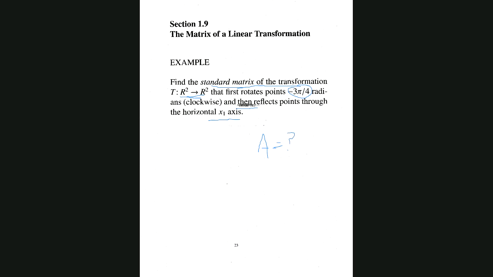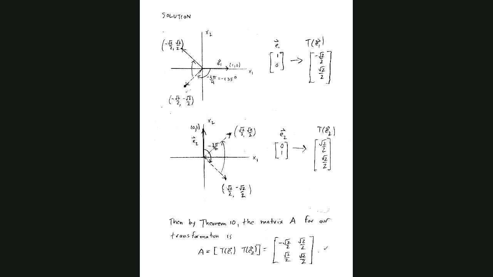Okay. So, all right. Let's first of all take a look at the E1 vector. The E1 vector is located at 1, 0. Now what we want to do is rotate the vector negative 135 degrees clockwise.